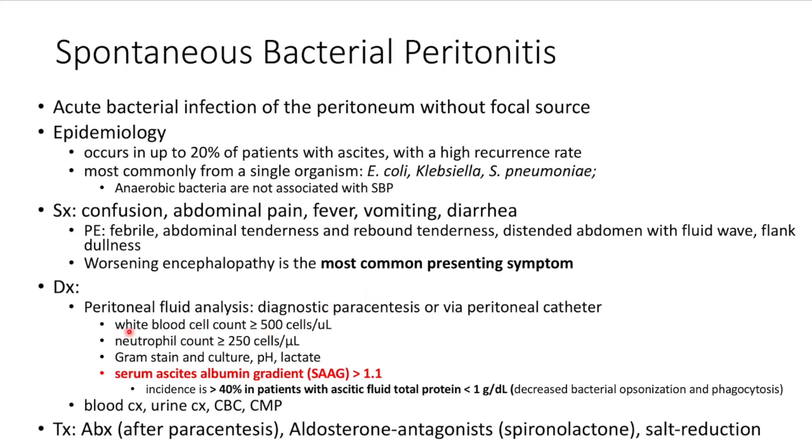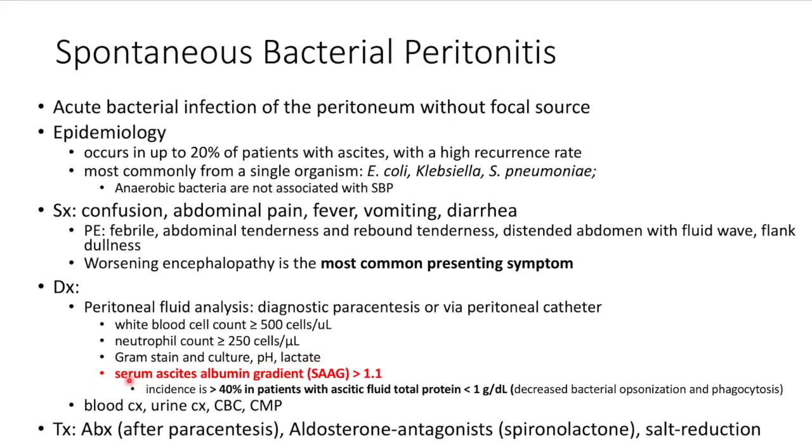So white blood cell count over 500 cells is consistent with an infection. A lot of neutrophils in those white blood cells obviously is consistent with the bacterial infection. Gram staining culture for determining the exact cause of SBP. We can look at the pH and lactate, can be helpful.